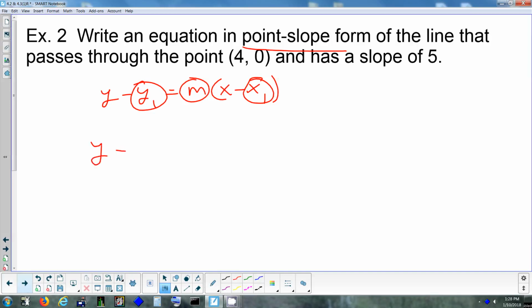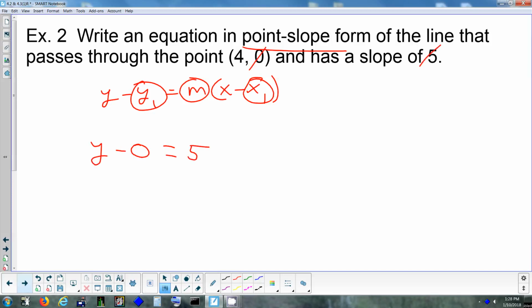Okay, what is y1? Gemini? 0. Okay, y minus 0. So we've got the 0. Next thing, equals m. What number in the problem is my m? Josiah? m is 5.